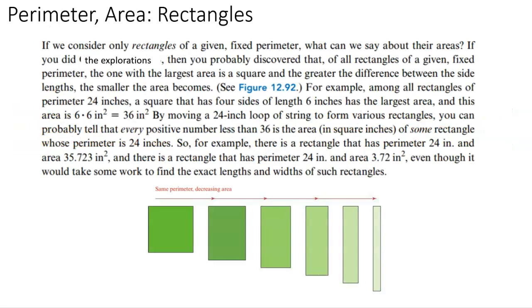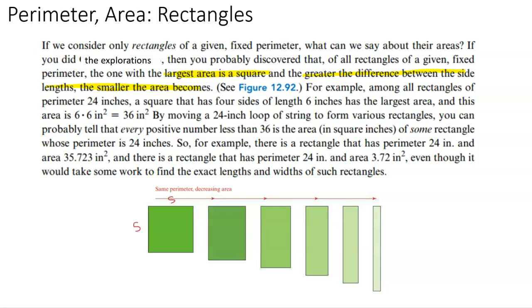Let's just look at rectangles. If you did it, you saw that of all the rectangles, the largest area was the square. The greater the difference between the side lengths, the smaller the area becomes. If the side lengths were 5 and 5, the difference is nothing.